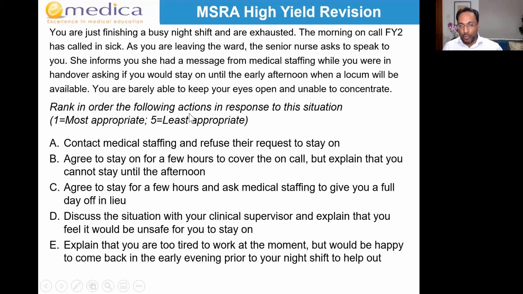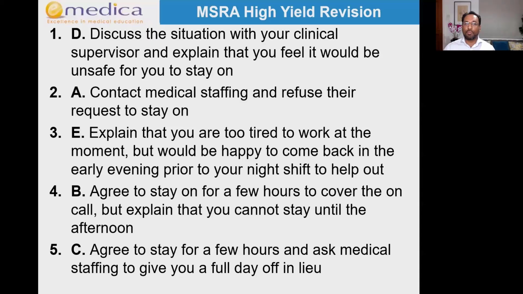Now, if you say no, they're just going to ask someone else. Whereas, you can see, if you explain the whole situation to your consultant and explain that, look, I don't think this is safe, but also they're asking me to do this and I don't think it's safe. There's someone with more authority to challenge medical staff. You shouldn't be asking my juniors to stay on when they've just finished a night shift. This goes against safe working, okay?